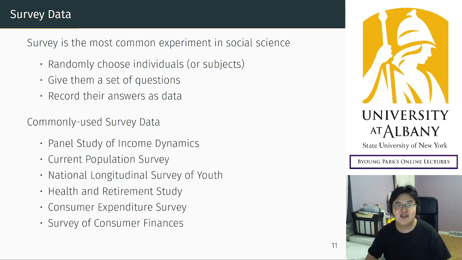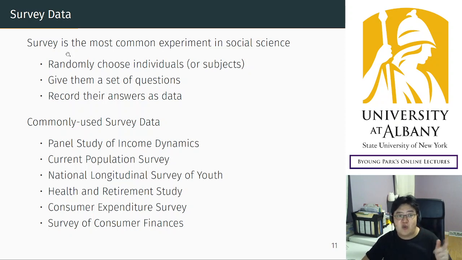I cannot change your wage to see its effect. I cannot change your income to see how your choice changes. I cannot change prices. So all we can do is basically a survey, just asking questions to people. And it can be thought of as an experiment.